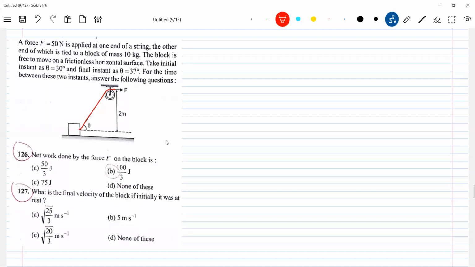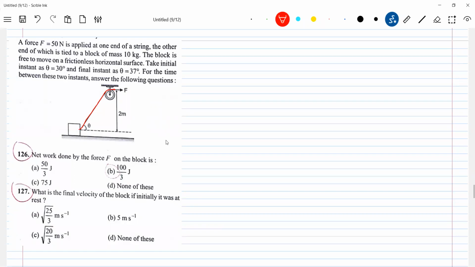Take the question, read it once. So what is actually in this diagram?